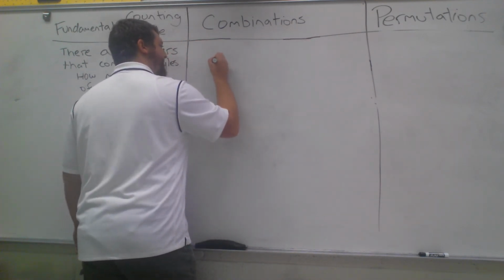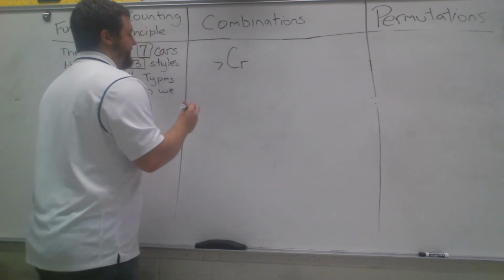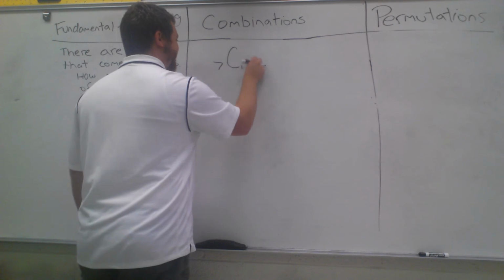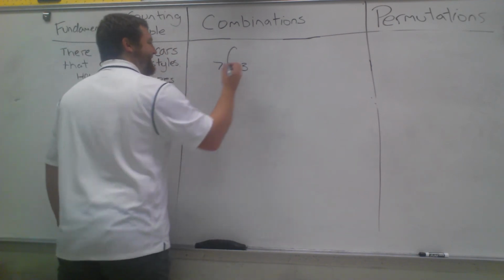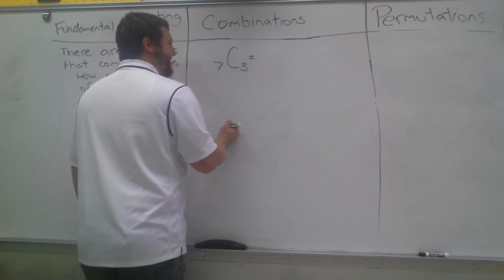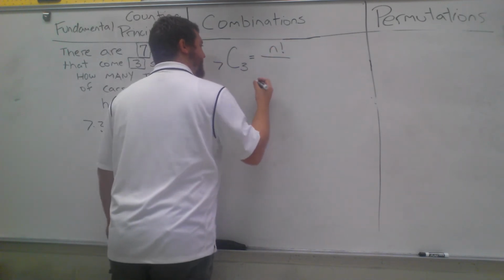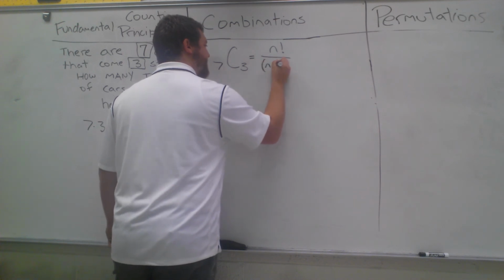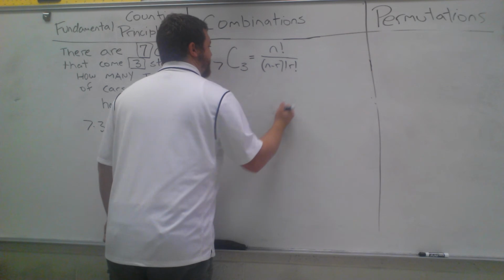Okay, so we've got 7CR. No, we don't. 7C3. That's what we have. My formula, once again, I'm going to write it because I need a beat in your head. N factorial over N minus R factorial times R factorial.